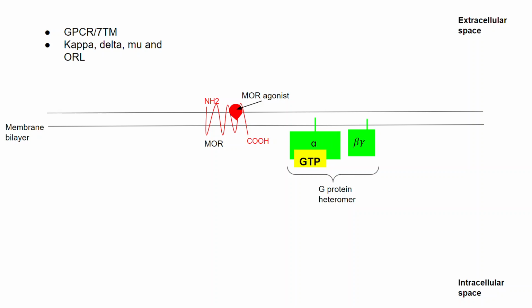We can do that either by producing altered agonists and synthesizing new types of ligands to bind to the mu-opioid receptor, or through other downstream interventions, which I will discuss later.